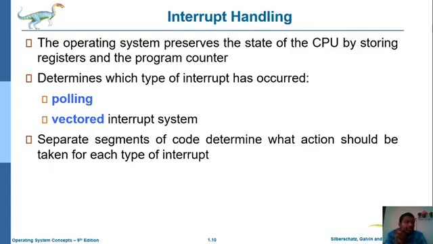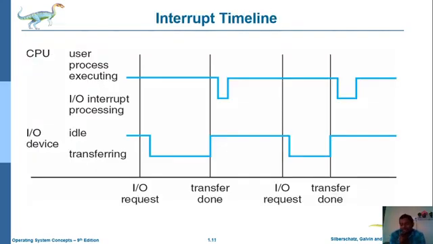Based on the type of interrupt, the handling methodology is also different. For polling based interrupts we use one kind of functionality, and for vector based interrupts we use another.